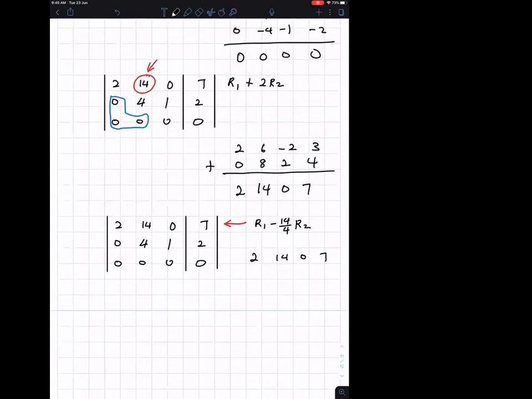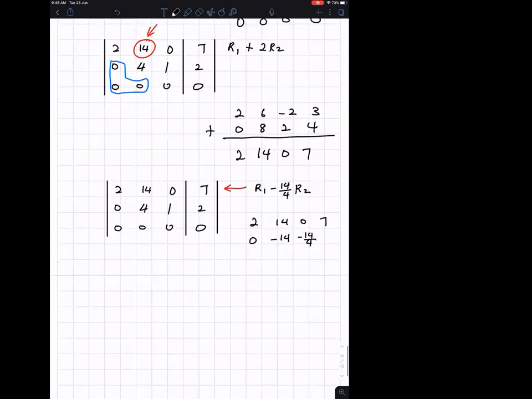Minus 14 over 4 times row 2, which is 0 here, minus 14 here, and the last one, minus 14 over 4 multiplied by 2, cancel the 2, is minus 7.